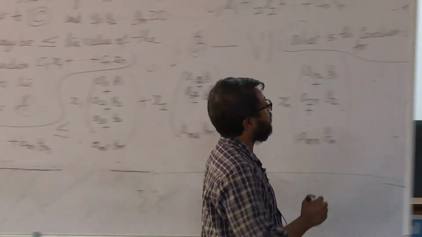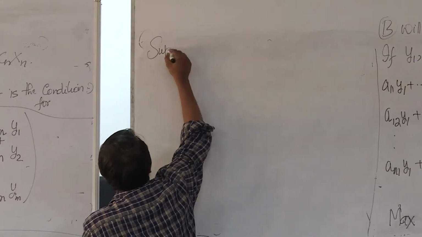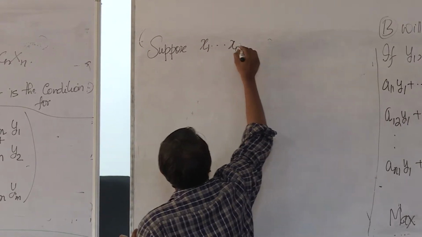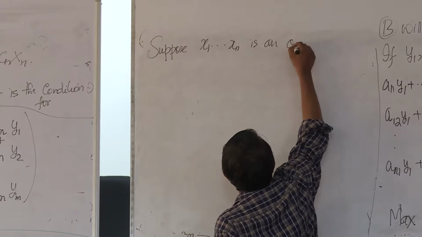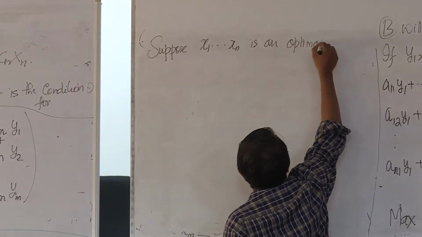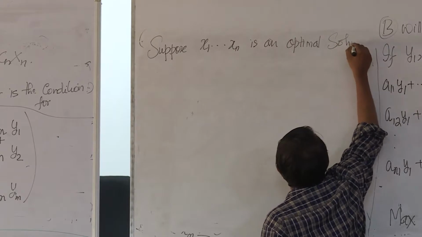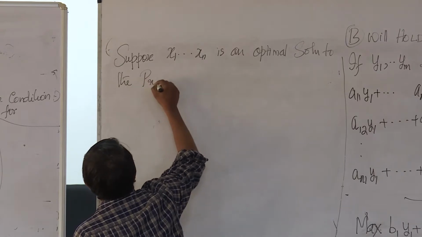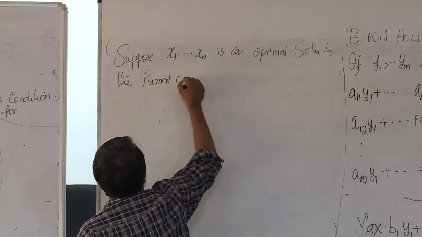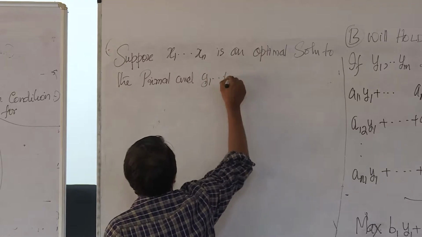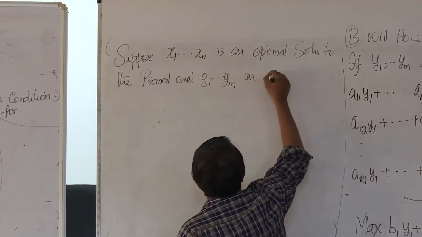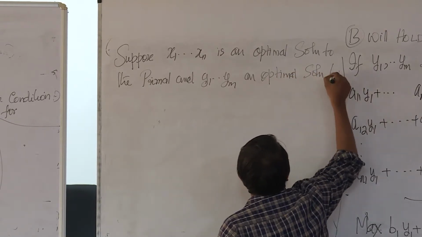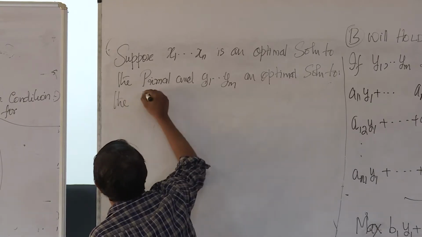Suppose x1, x2 to xn is an optimal solution to the primal and y1 to ym is an optimal solution to the dual.